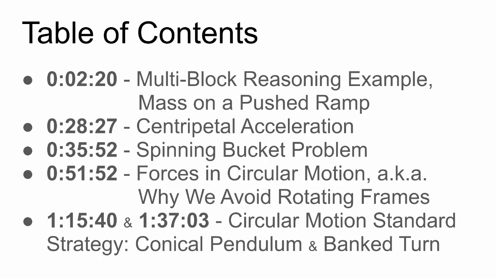Then we have a series of examples which highlight some important concepts and ideas involving circular motion. The spinning bucket problem serves as a physical example illustrating the acceleration, that is, centripetal acceleration, that you should come to expect in problems involving circular motion.